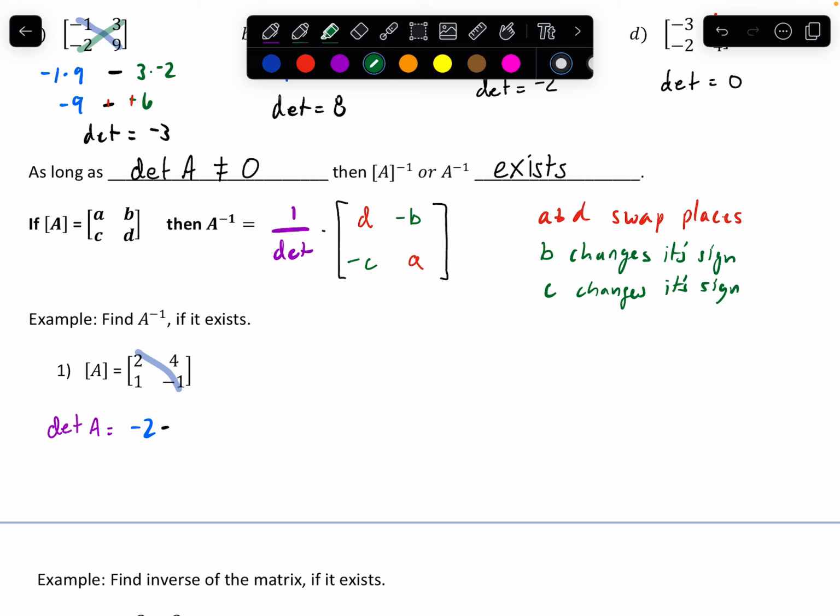And then C times B, which is 4. So I get negative 6. So since that's not 0, that means the inverse exists. So let's make a little note there. So we're going to keep going.